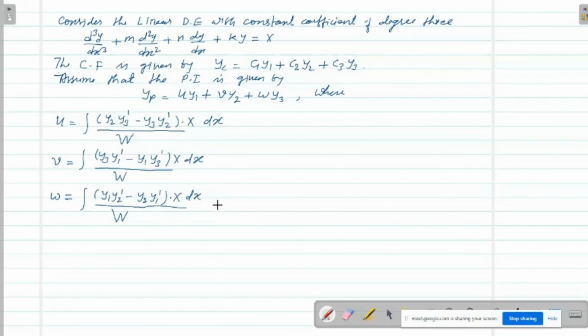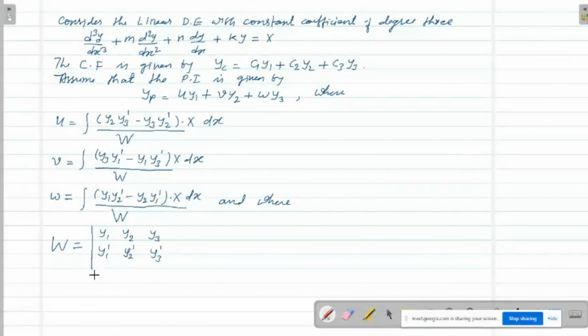And what is the W? Capital W is a determinant of order 3: y1, y2, y3, then the derivatives y1 dash, y2 dash, y3 dash.